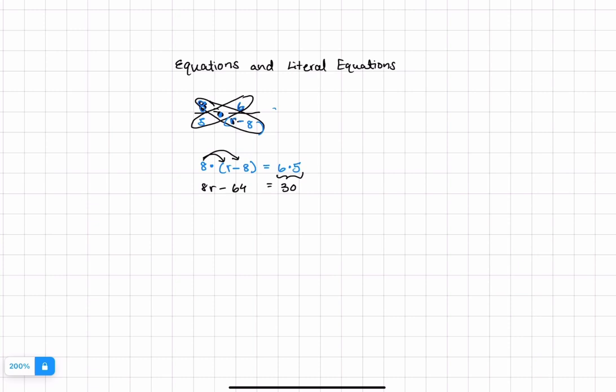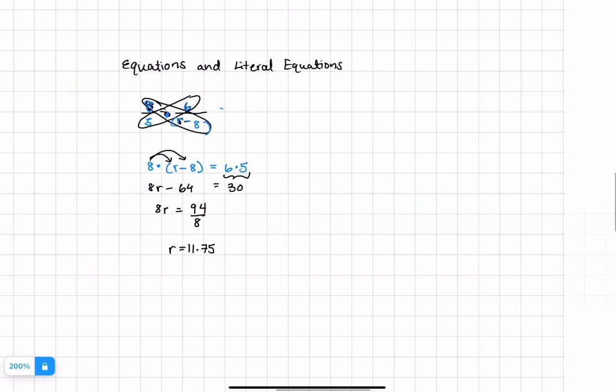So we can add 64 to both sides and we get 8r equals 94. So 94 divided by 8 equals something like 11.75, and that's what r equals.